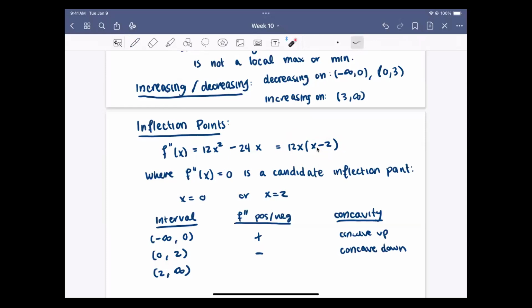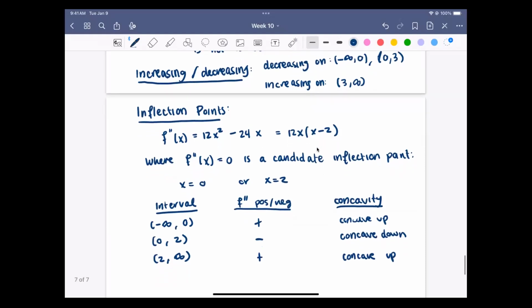Okay, and then for the last interval from 2 to infinity, this is going to be positive. So here you're concave up. Okay, so now we know everything.